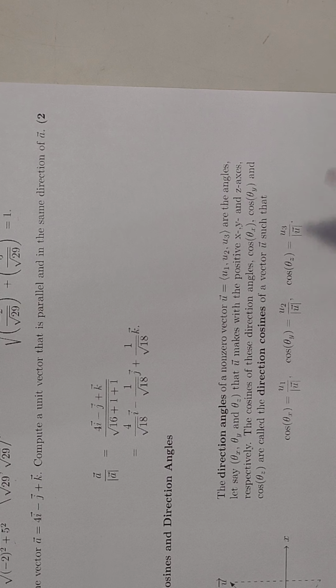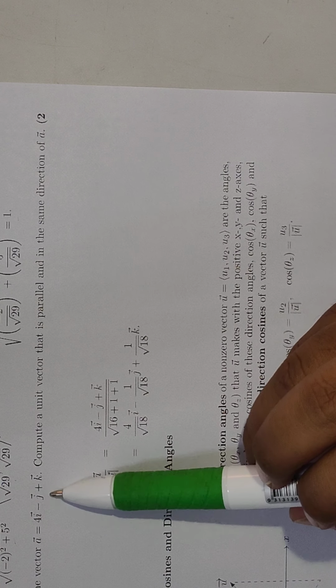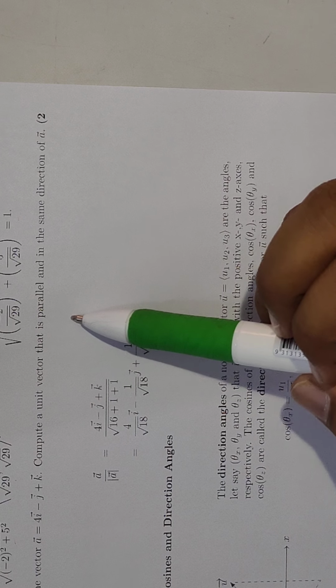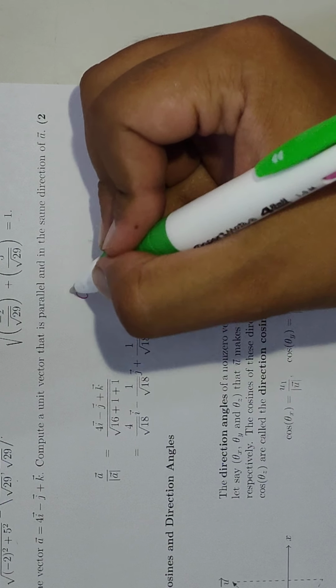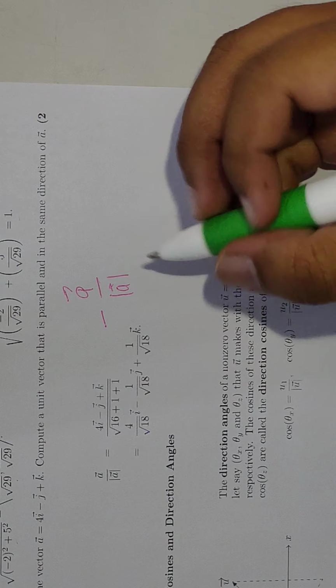Okay. There is another question. Given the vector A = 4i - j + k, compute a vector that has a magnitude of 7 and is in the opposite direction. In the opposite direction means that you have to put the negative in front of the unit vector.